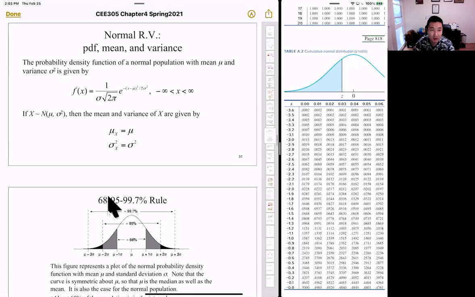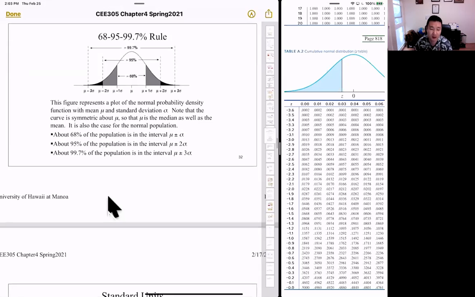For any normal distribution, we follow the 68, 95, 99.7% rule, which means 68% of the population falls within mu plus or minus 1 sigma, 95% within mu plus or minus 2 sigma, and 99.7% within mu plus or minus 3 sigma.